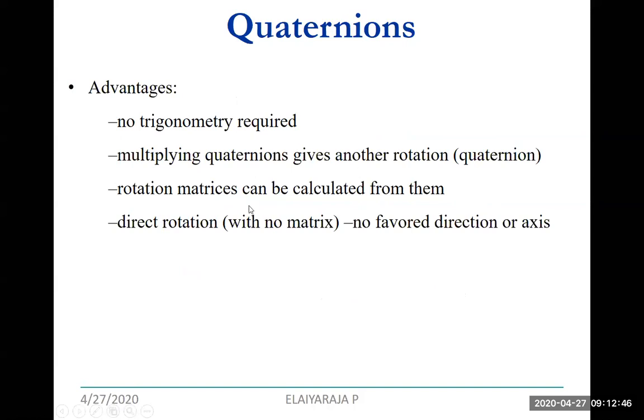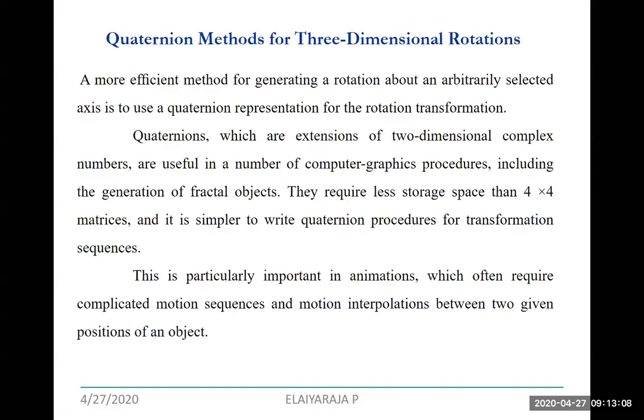So it is a direct rotation with no matrix, and no favored direction or axis. Overall, the quaternion performs the extension to three-dimensional rotations and deals with complex numbers.